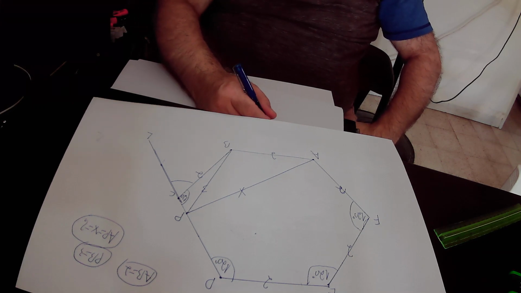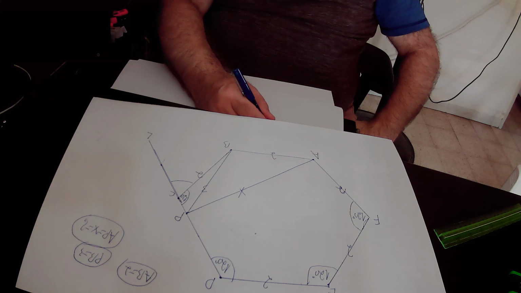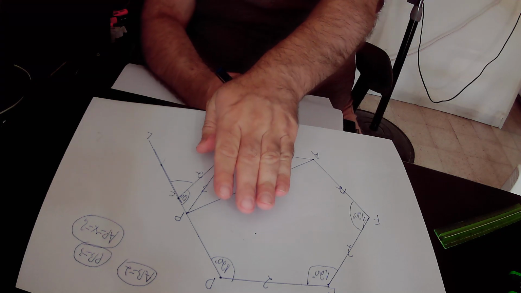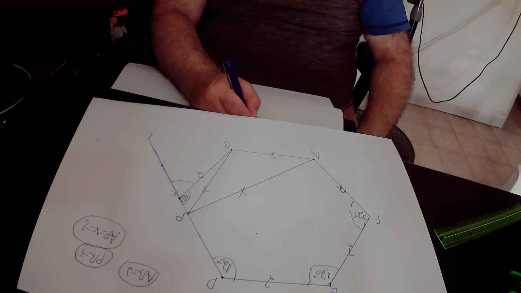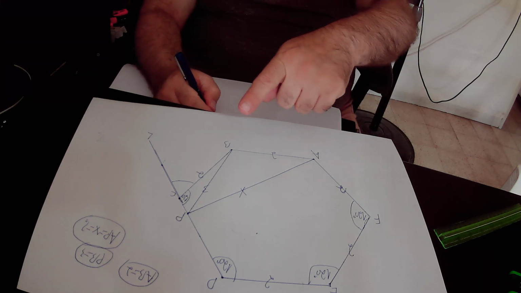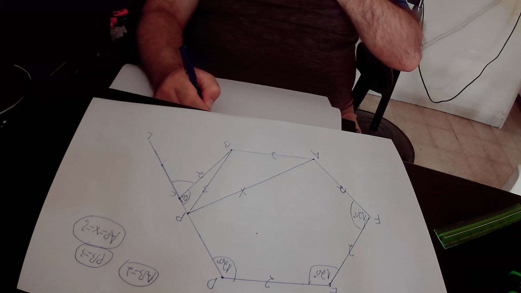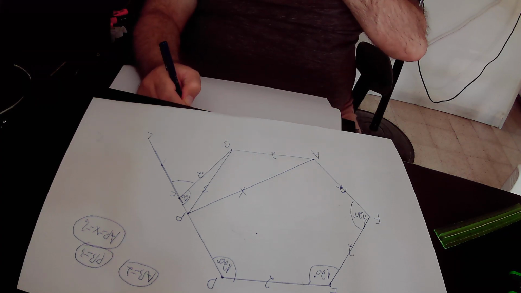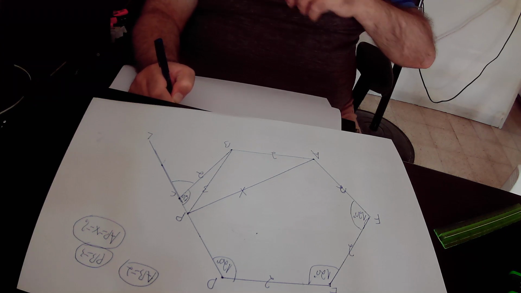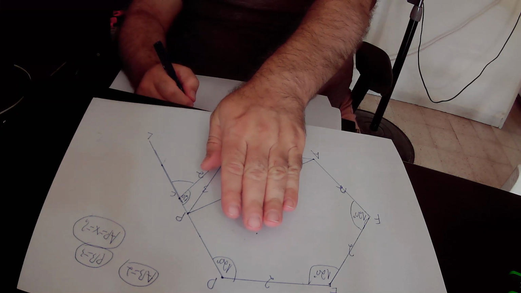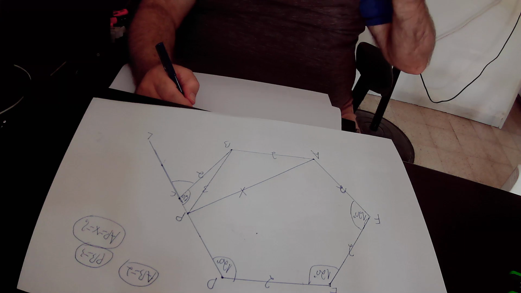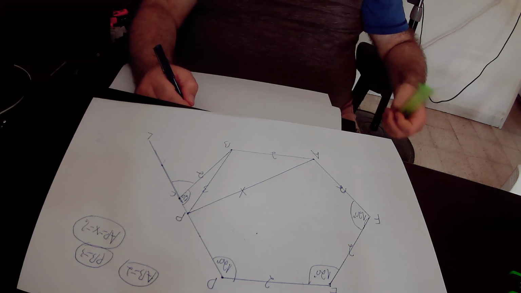So, at the lower side of the straight line DL at point C, according to rule number 1, the sum of the angles must be equal to 180 degrees.